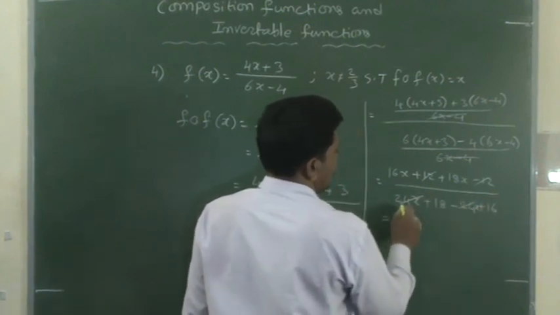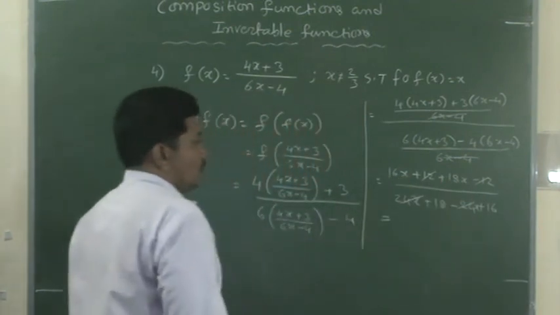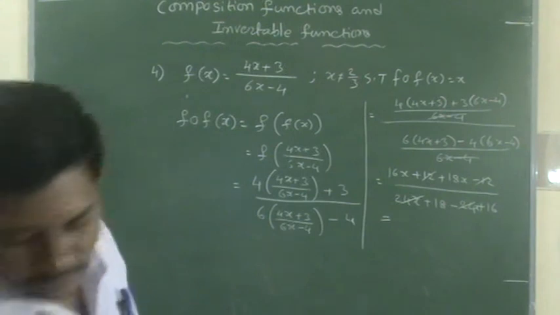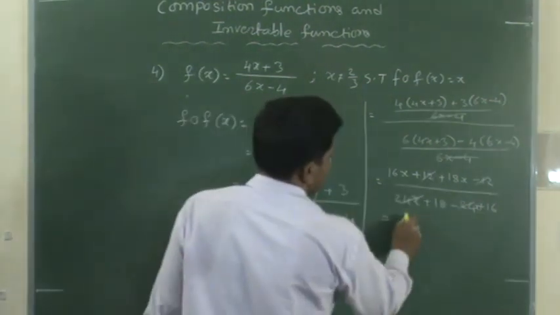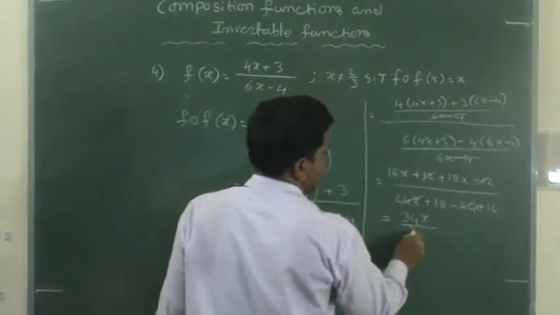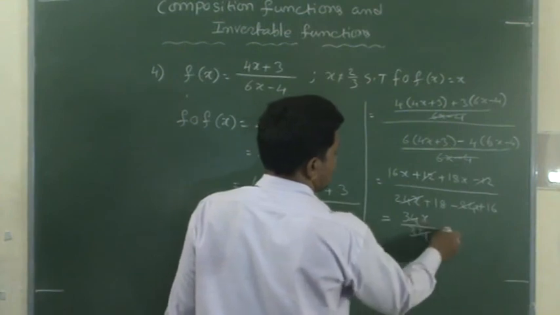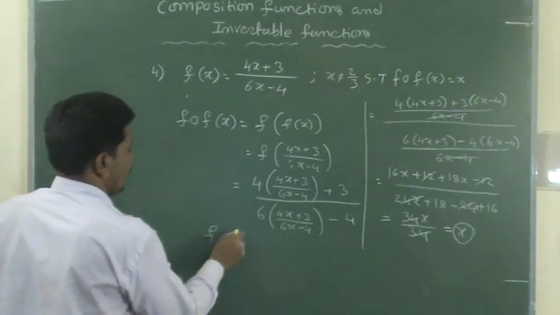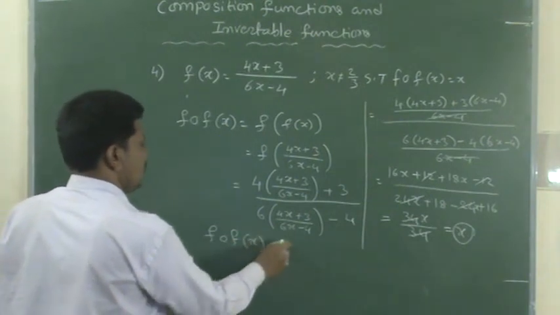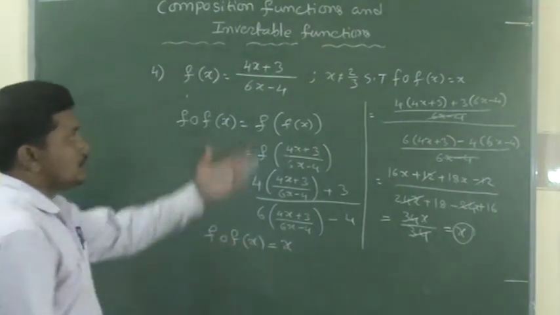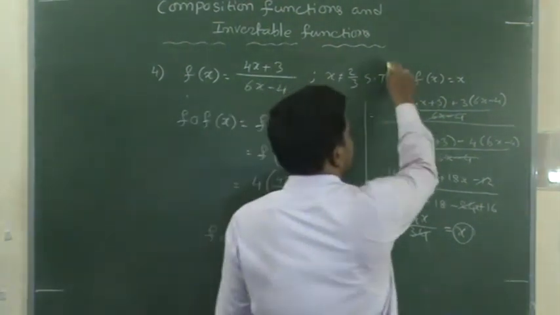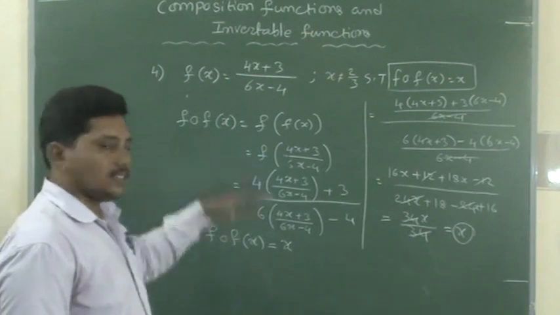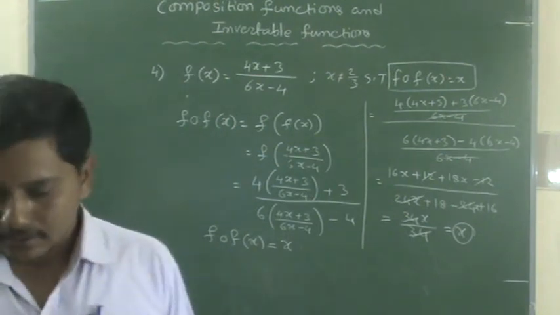So therefore here, what is the simplification? 34. 34x by 34 cancels, we get x. So we proved here f circle f of x is equal to x. That is what they want. Now you understand the problems on composition, right?